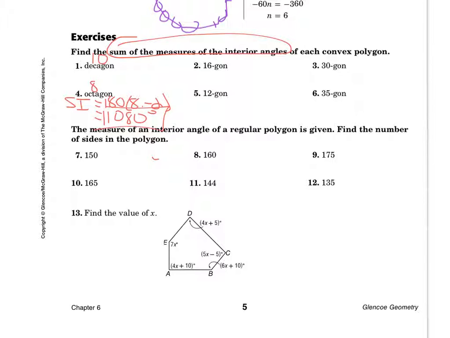Okay, let's do the same with the 16-gon. So SI equals 180 times 16 minus 2. So I need to plug in the calculator 180 times 14, and I get 2520.